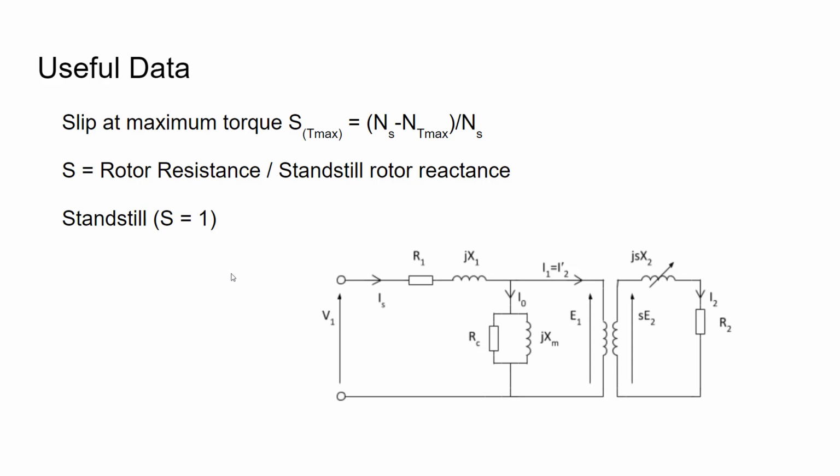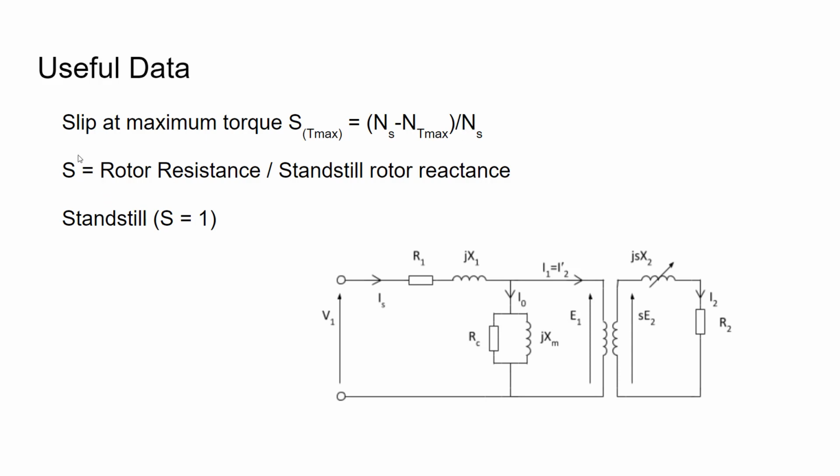Slip at maximum torque is calculated as (Ns minus N at maximum torque) divided by Ns, where Ns is the synchronous speed of the stator and N at maximum torque is the speed of the rotor at maximum torque. This slip is calculated mechanically.